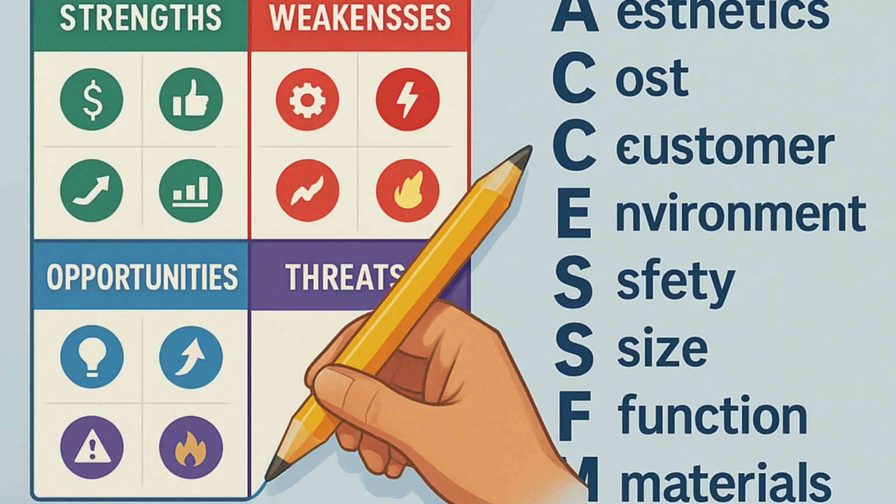Next, number 8, talk about strengths and weaknesses. This is very crucial. For every product, identify what it does well, and where it fails or could be improved. These insights directly feed into your later design decisions. 9, overall evaluation.